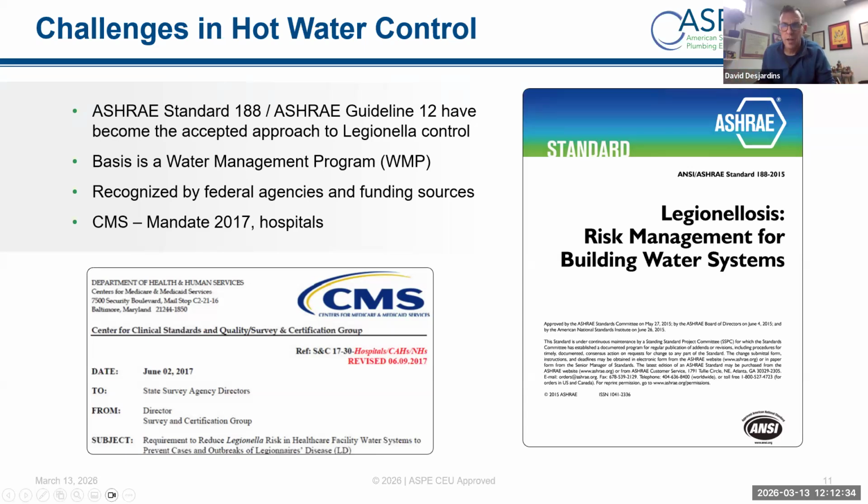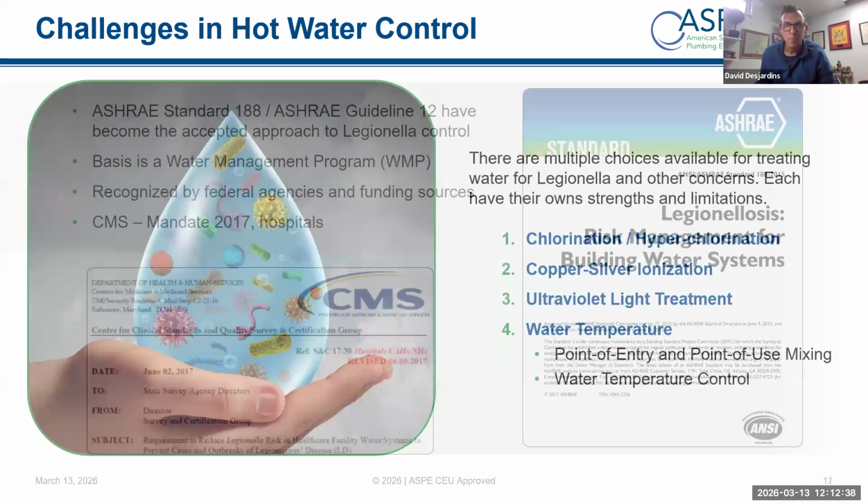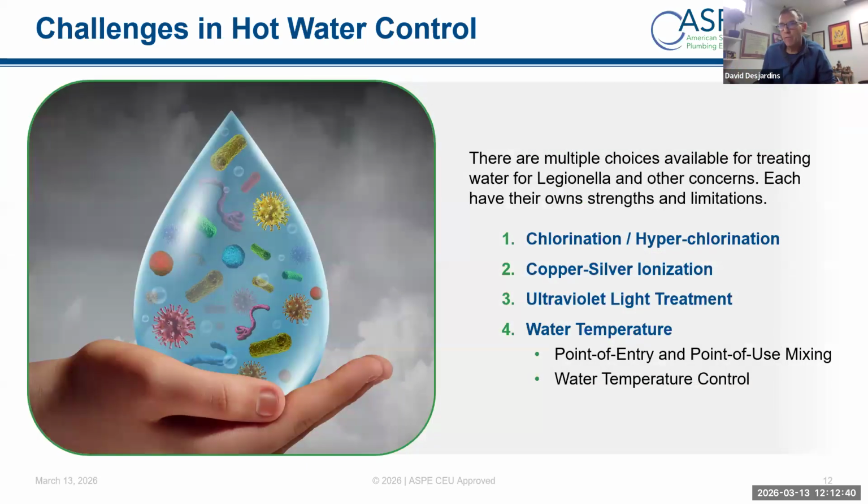If you're doing plumbing designs and have trouble going to sleep at night, that's a good read, right? Anyways, today I'm going to be talking about using temperature for controlling or mitigating it. That's really what we're going to be talking about today. But obviously there are other technologies out there that can be used and should be investigated if mitigating that risk is one of the goals of your project.